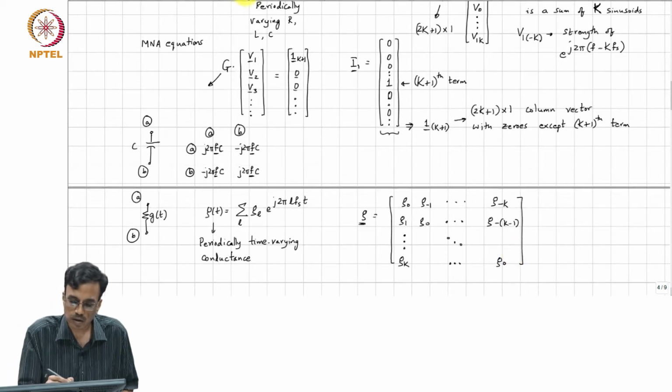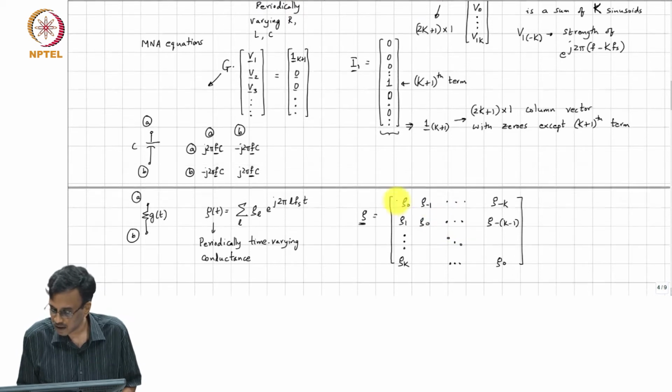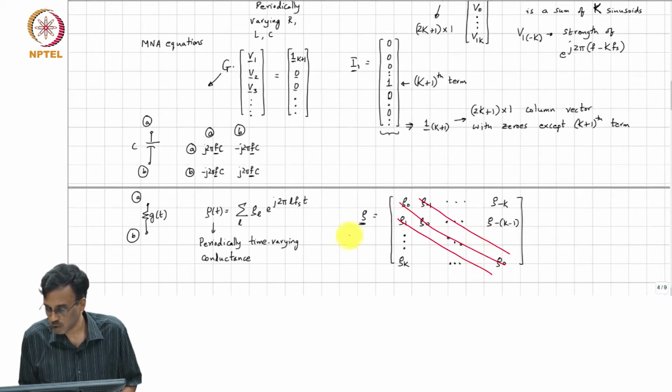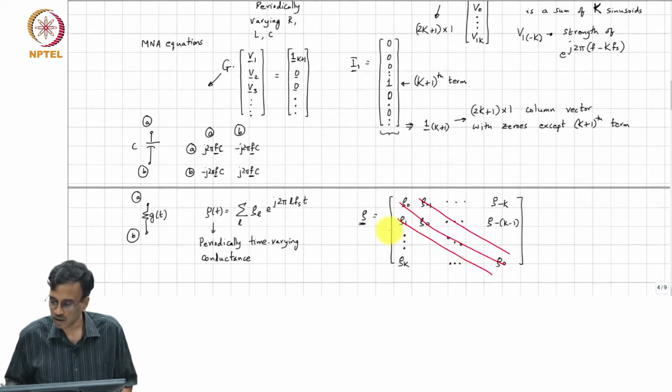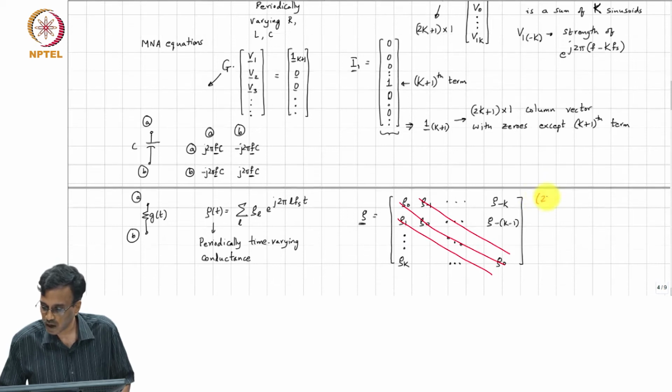So, it will turn out that all the diagonal elements are the same, these elements will all be G 1 and so on, and this is a 2k plus 1 cross 2k plus 1 matrix.